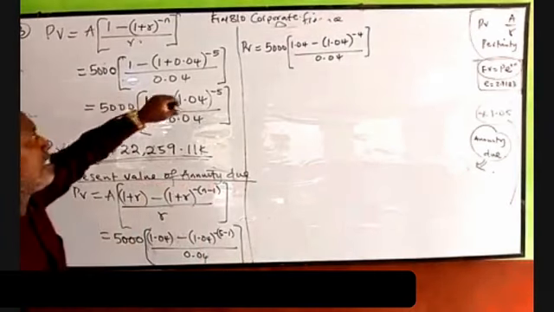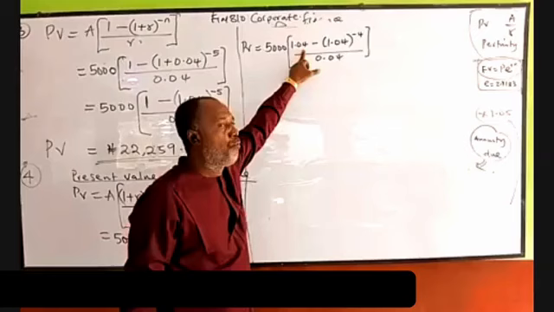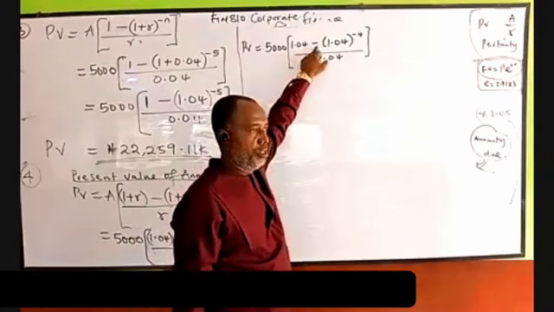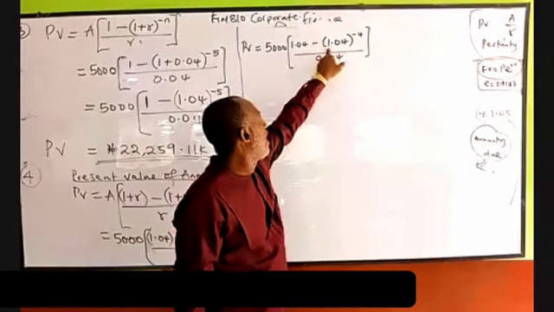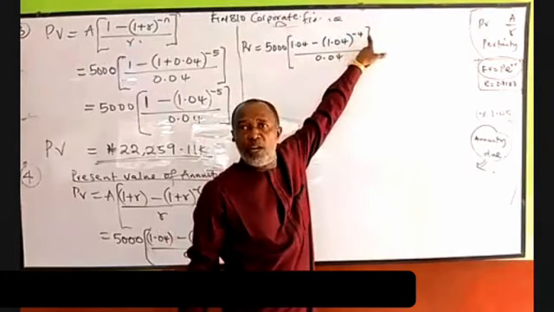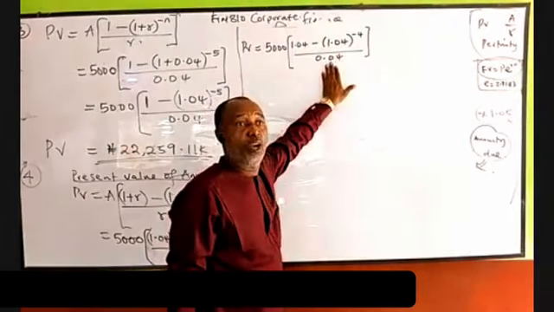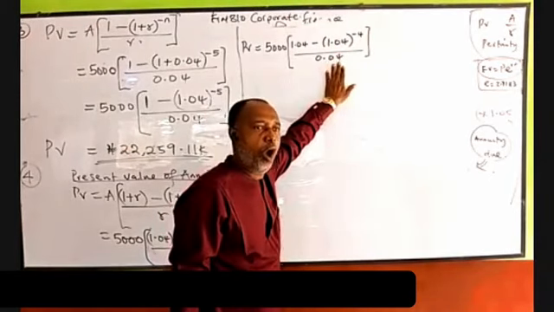So time to calculate again. Yes, sir. Press your calculator as usual. 1.04, minus, bracket open, 1.04 raised to the power of minus 4. You get a result. Divide by 0.04.